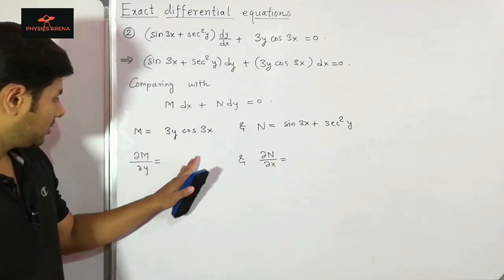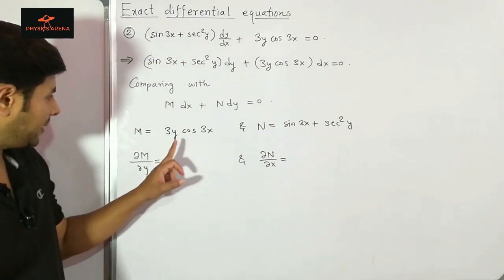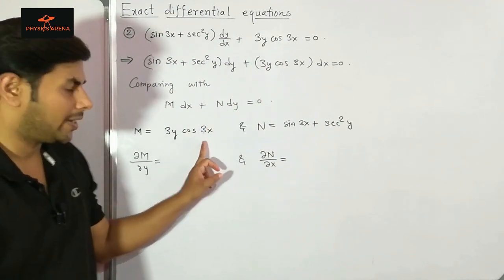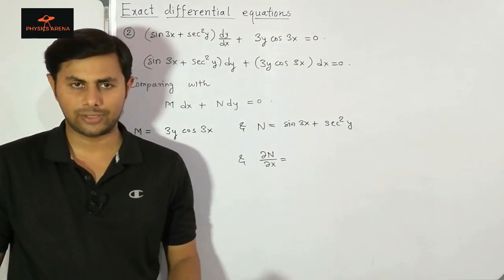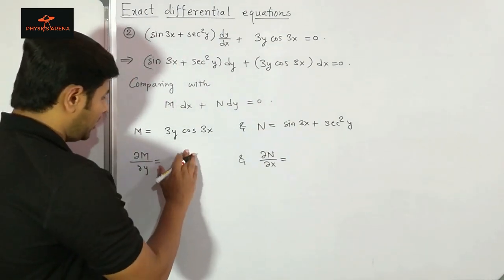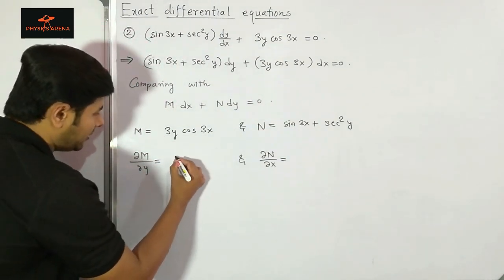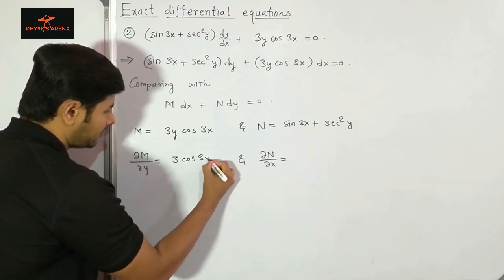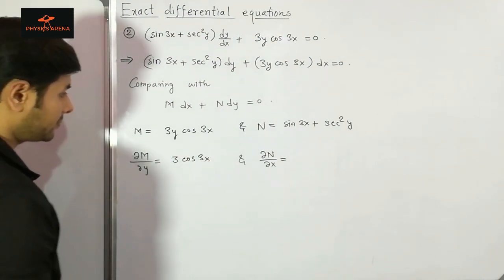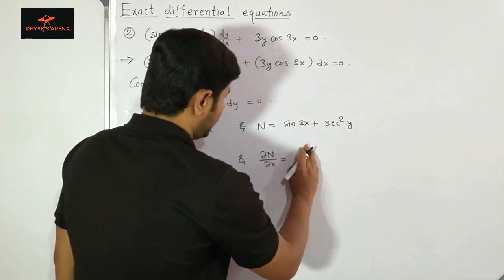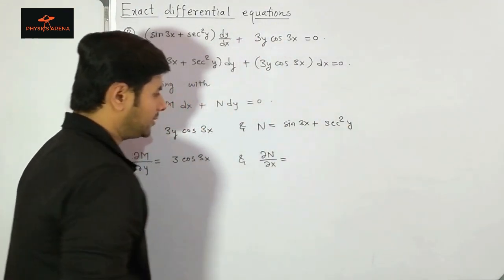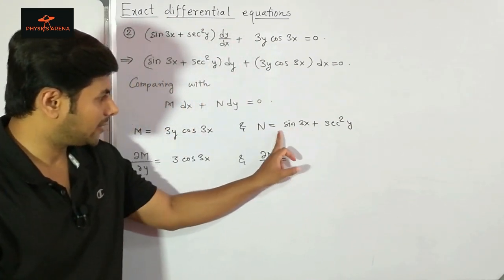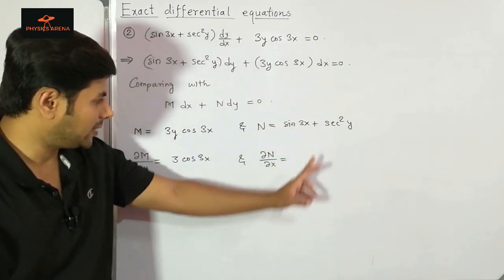Okay, so here we'll find partial derivative with respect to y. So this cosine 3x for this case is constant, and therefore derivative is just 3 into cosine 3x. Okay, and here terms containing y we will consider to be constant, and we have only one term containing x, which is sine 3x.